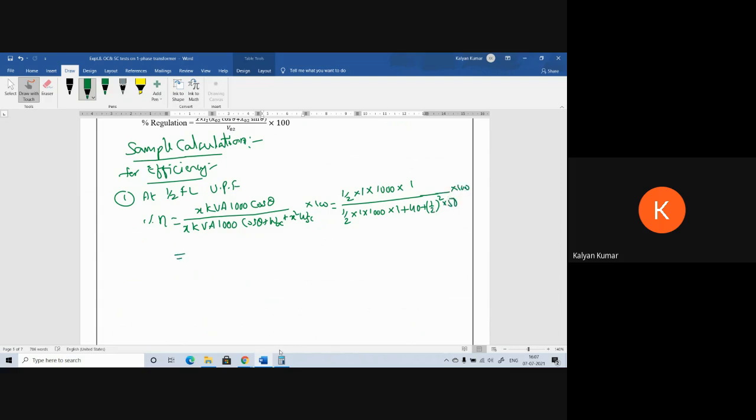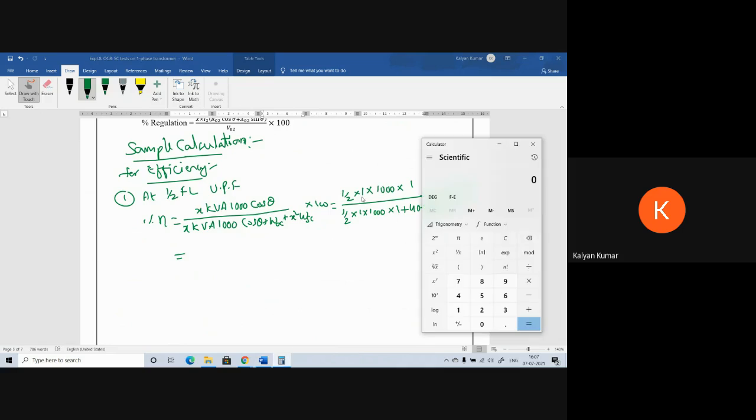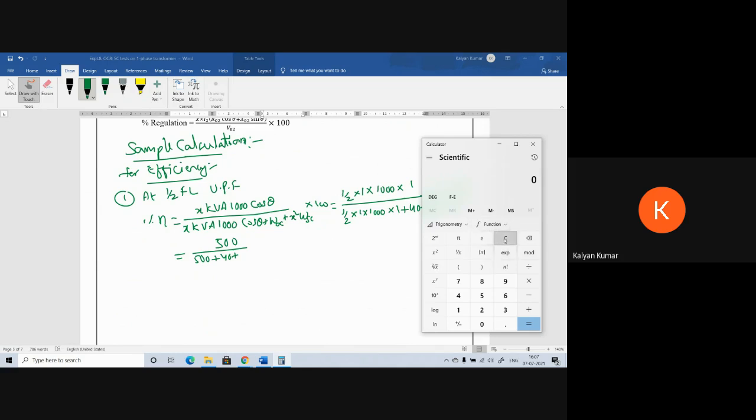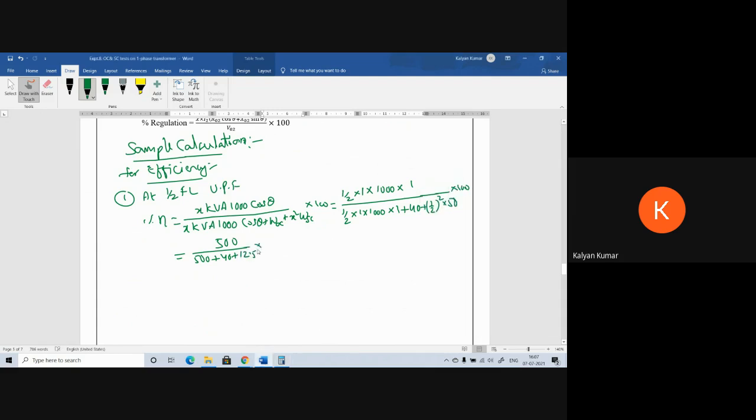If you calculate this, half into 1000 is 500, divided by 500 plus 40 plus 1 by 2 square, which is 1 by 4, so 50 by 4 is 12.5.